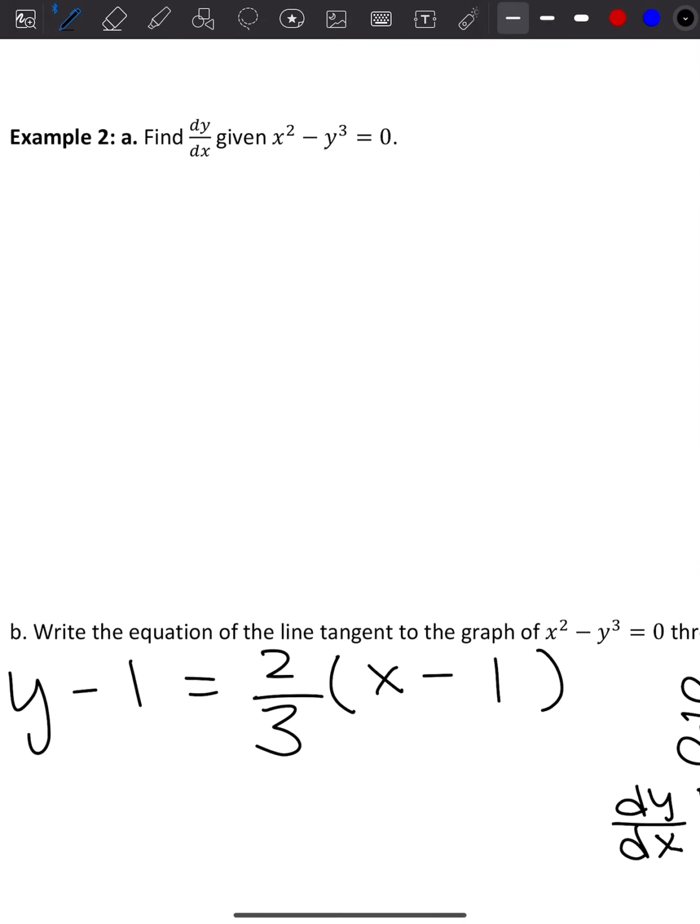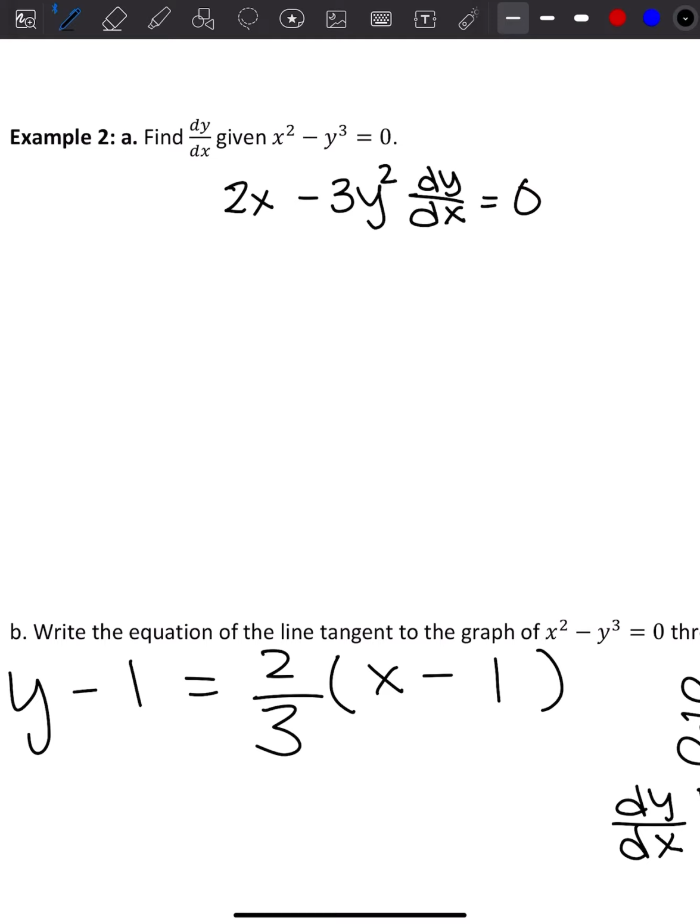So if we look at what we have here, find dy over dx given x squared minus y cubed equals 0. So the derivative of x squared is 2x minus the derivative of y cubed, 3y squared. We had a derivative of y with respect to x, so we're going to do times dy over dx. Derivative of 0 is still 0.